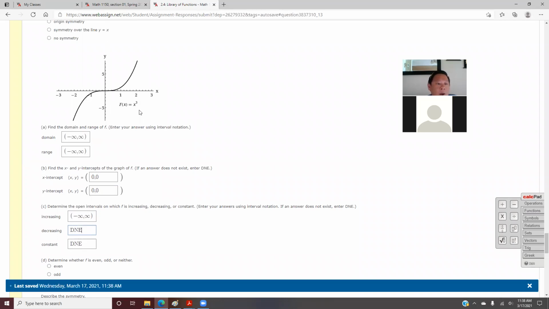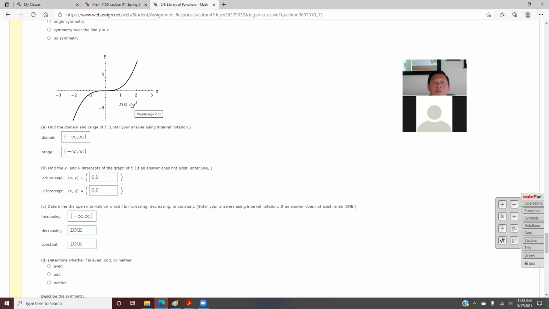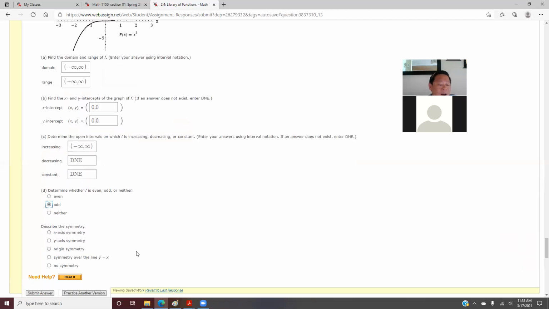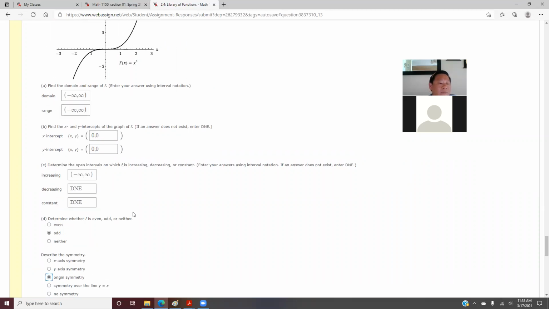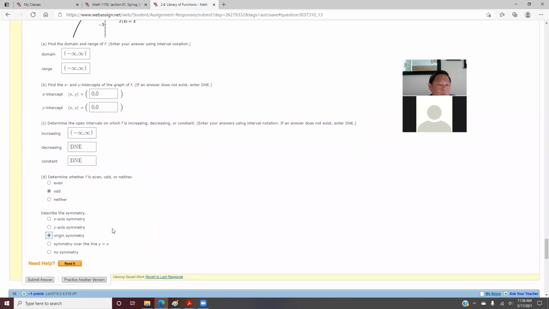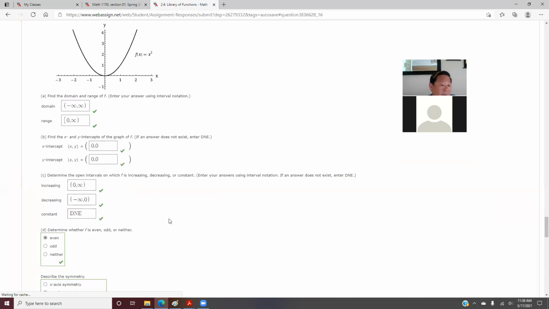And is this graph even, odd, or neither? Even. You can tell by looking at your powers. Oh, odd. This is odd. And odd is always origin symmetry. Make sure you know this, because this is a basic graph.